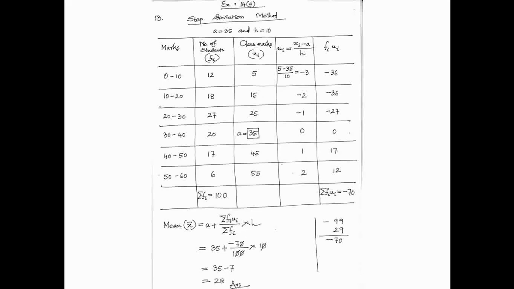Okay, let us proceed to another question. This is from exercise 14b. Now already you understood how to calculate mean and how to apply the three methods. Here we will calculate mode.